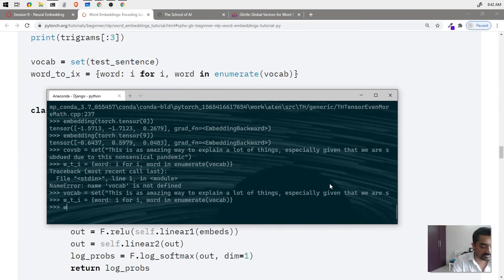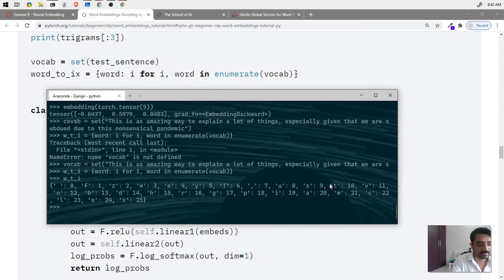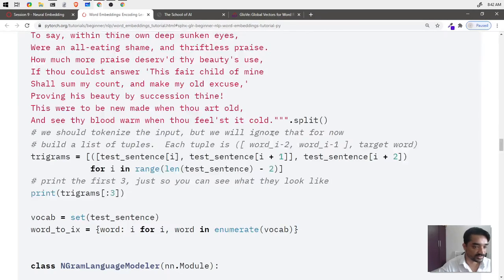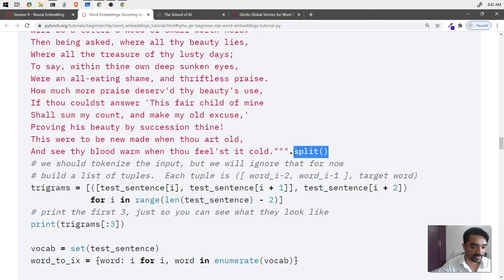Right, so we see WTI. It's going to be the dictionary, and it's literally taken everything and converted that into a dictionary. I think I missed something, otherwise this should not have happened. Dot split.